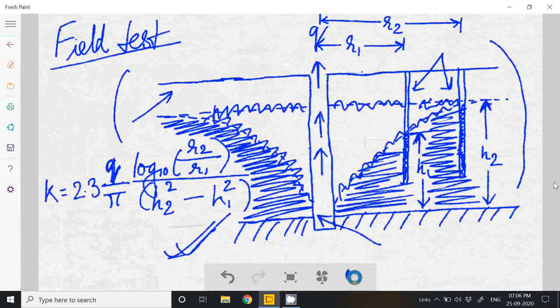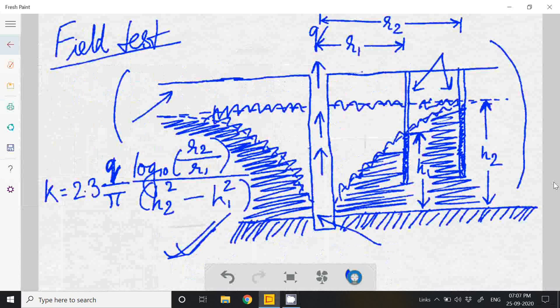There is an impermeable strata below, but above there is none. That's why it is called unconfined. If another impermeable strata had been above, then it would have been like a confined space of soil.